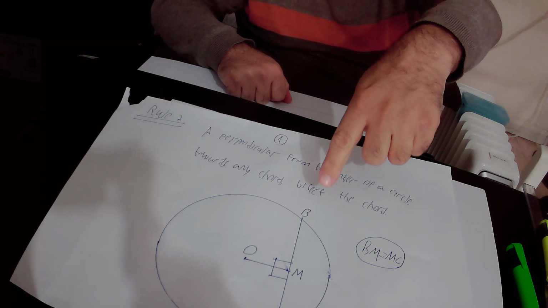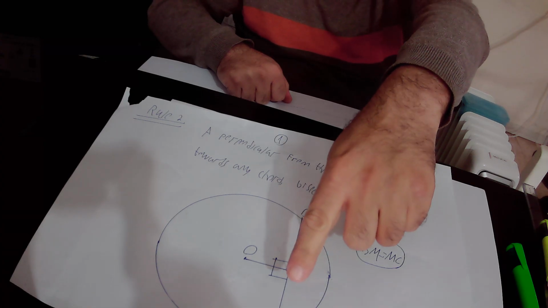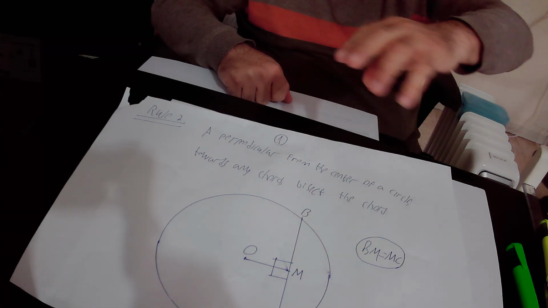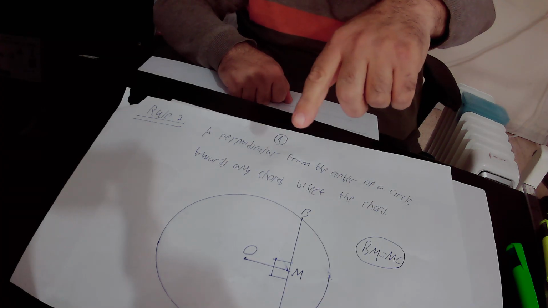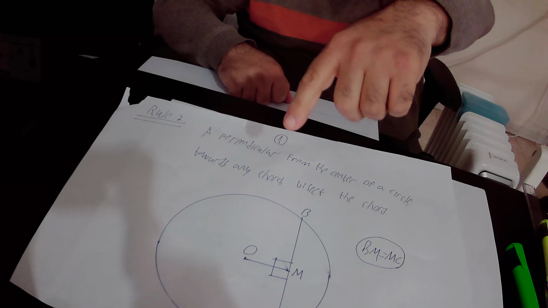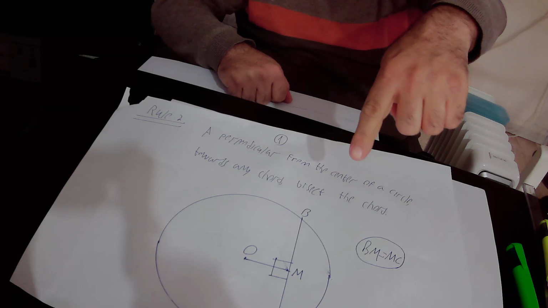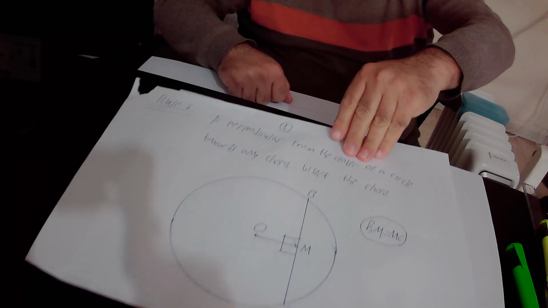The first half is BM and the second half is MC, and of course, BM equals MC. So whenever you draw a perpendicular from the center of the circle towards any chord, it will bisect the chord. In this case, the perpendicular OM bisects chord BC, that is to say, BM equals MC.